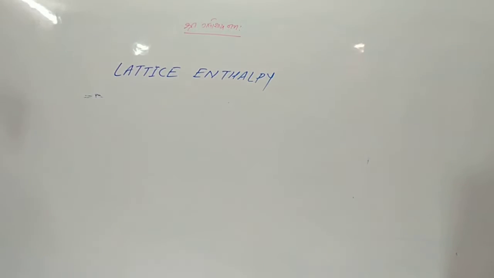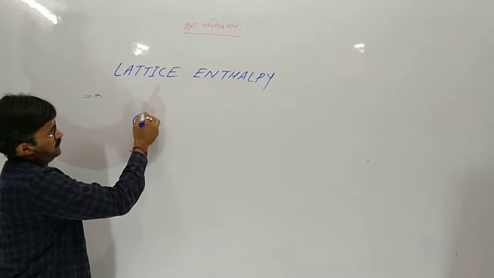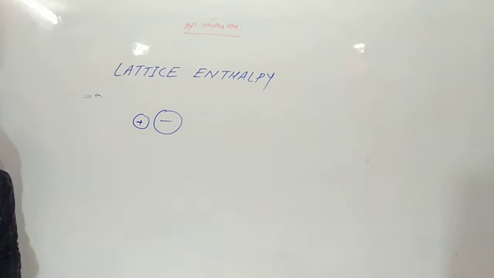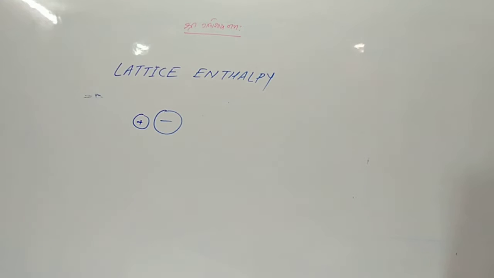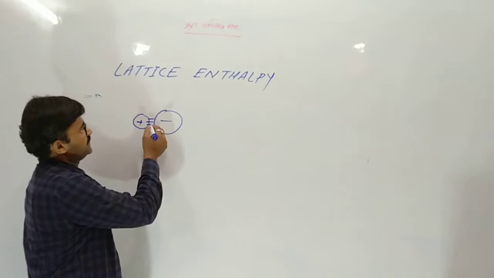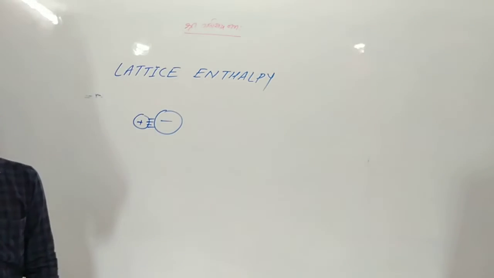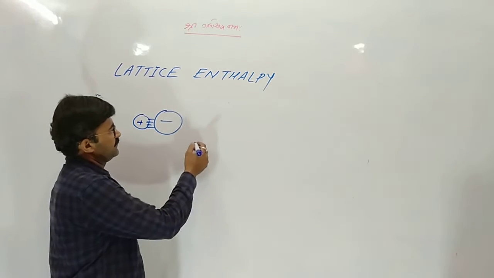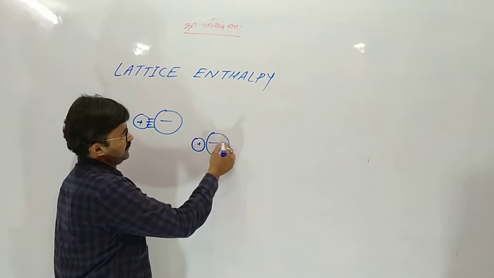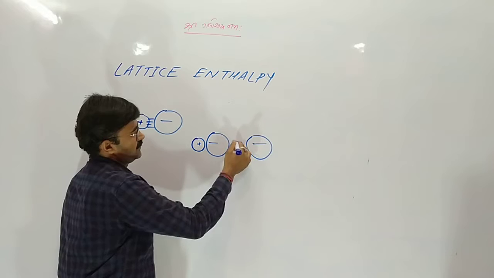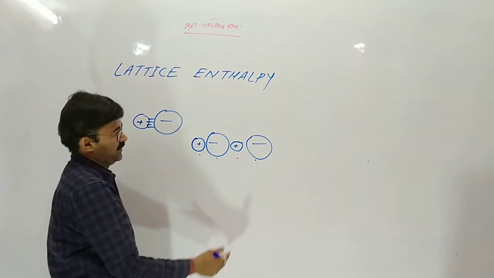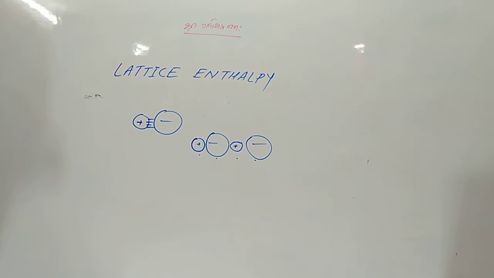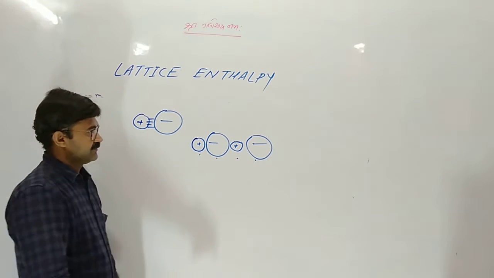Actually, lattice enthalpy is due to attraction of the opposite charge. Lattice enthalpy depends upon the attraction between ions having opposite charge. A positive ion attracts a negative ion and a negative ion attracts a positive ion. In our crystal, positive and negative ions are close to each other, while positive-positive and negative-negative are far from each other.